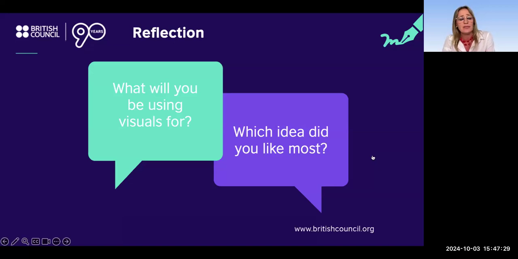Yes, of course, but even advanced students will benefit from using visuals. To make the abstract more concrete. Yes, I completely agree. Pronunciation, grammar and vocabulary, Rupa, pronunciation. Thank you, Udeni.